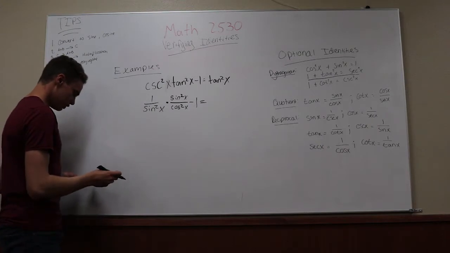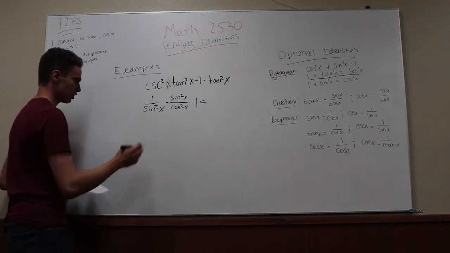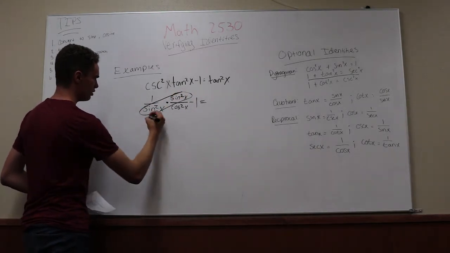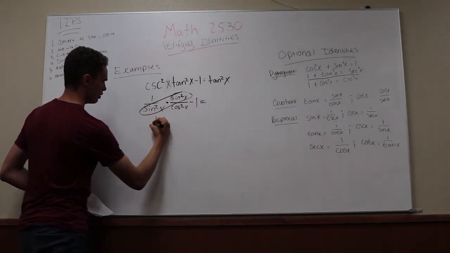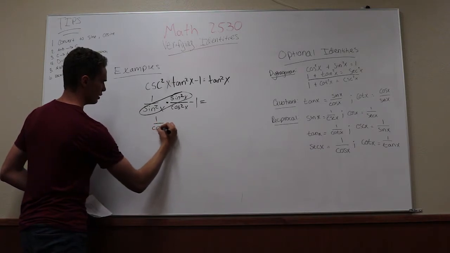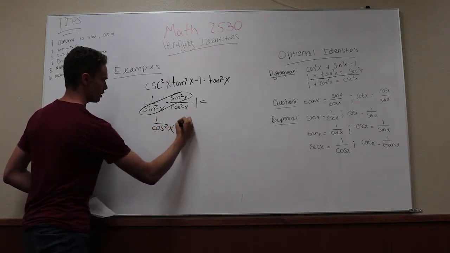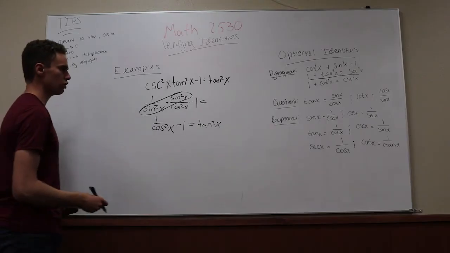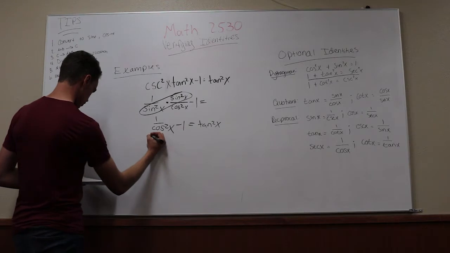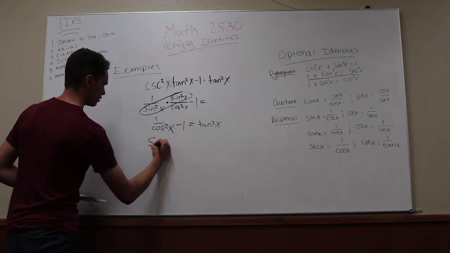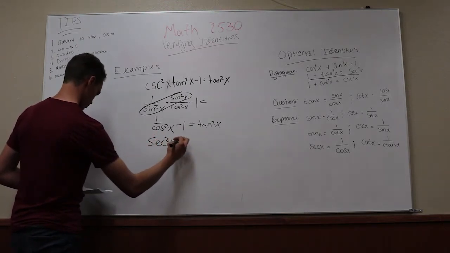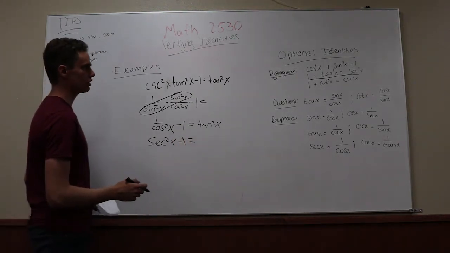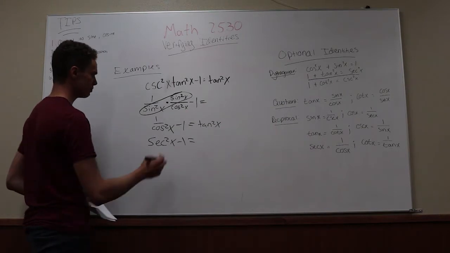The next step will be to cross multiply. So these will cancel out, and it'll get 1 over cosine squared of x minus 1 equals tan squared of x. 1 over cosine squared of x equals secant squared of x, and then minus 1. And then you're going to use a Pythagorean identity.